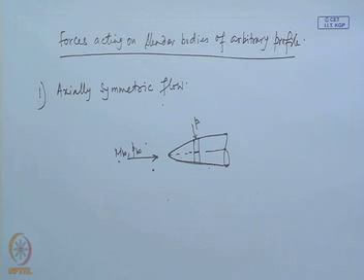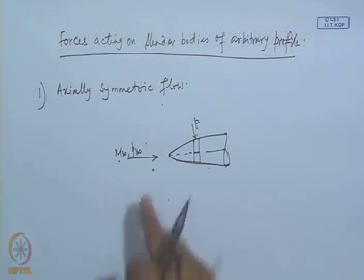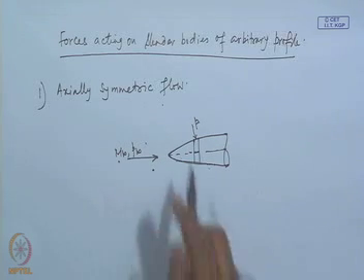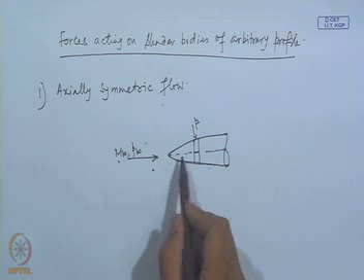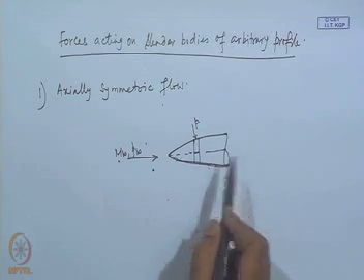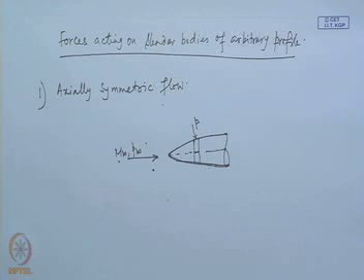We have seen from the earlier solution that the pressure varies gradually over this length in an axially symmetric flow over a cone, which we can say may be the general result for a general profile.